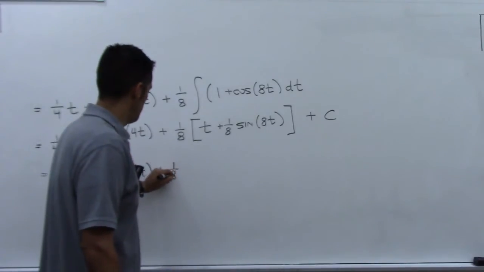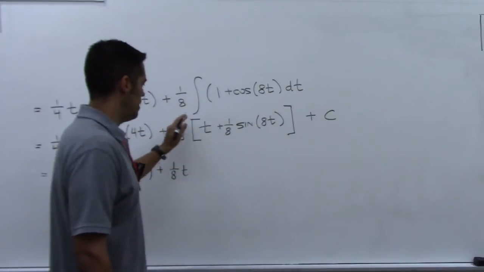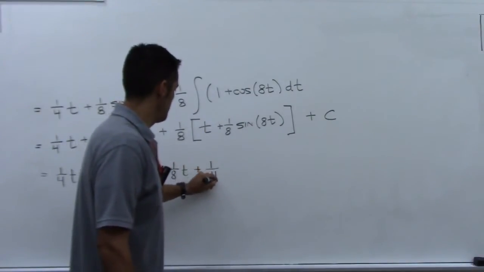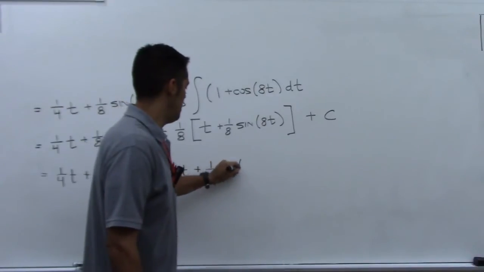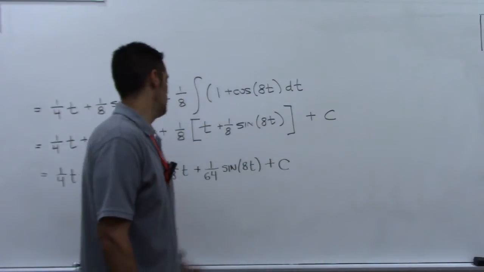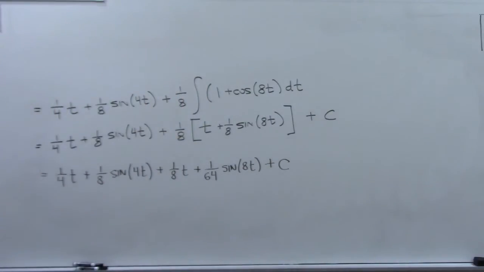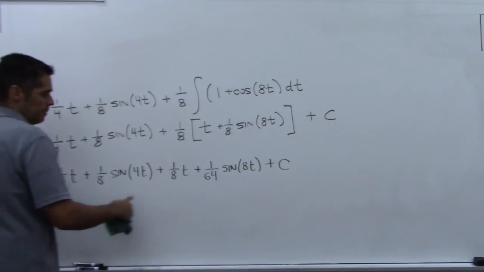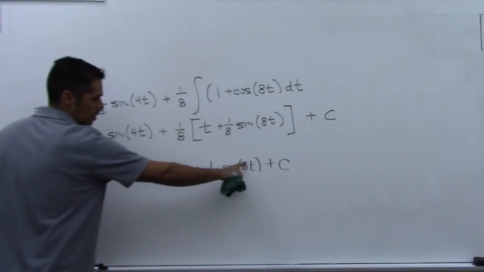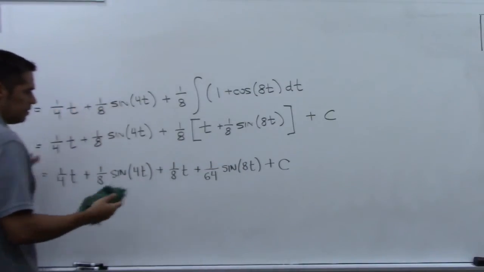1/8 t here to here, and then here to here is 1/64 sine 8t plus c. There is one more thing we can do. We can take 1/4 t and combine it with 1/8 t. You can't put the sines together because they have different arguments, 8t and 4t, so you can't put those together.